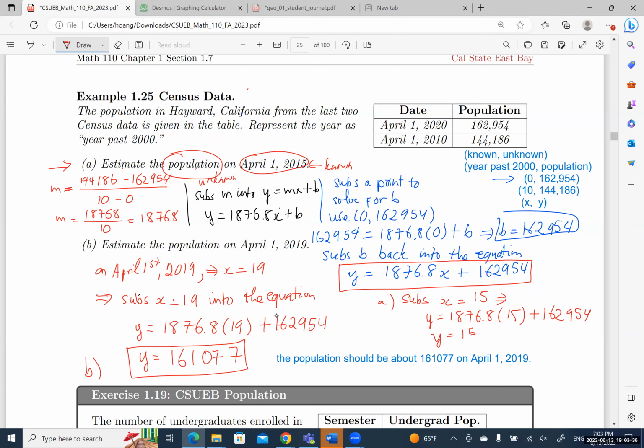It's supposed to be 20. So then fix this.